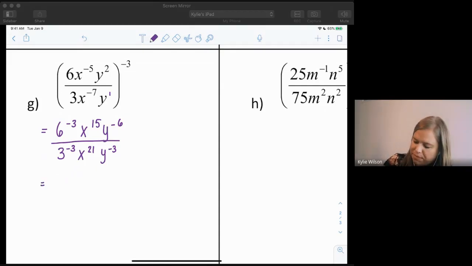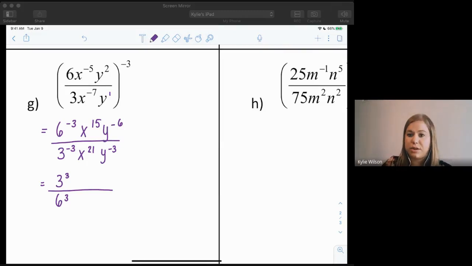Okay, so now we're just going to move things around so that we have positive exponents. So my 3 to the power of negative 3 is on the wrong side. So that has to move up here like this. Same with my 6. My 6 has to have a positive exponent, so it needs to live in the denominator. Now, my x's, I'm just going to simplify those. So I'm dividing, so I subtract exponents.